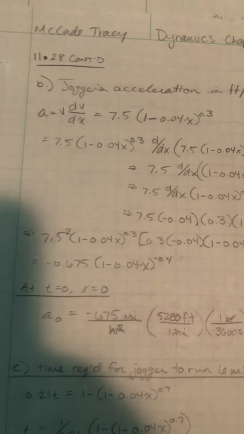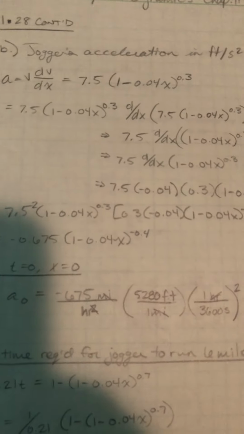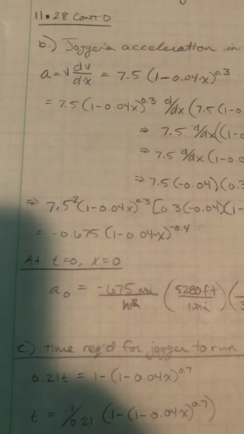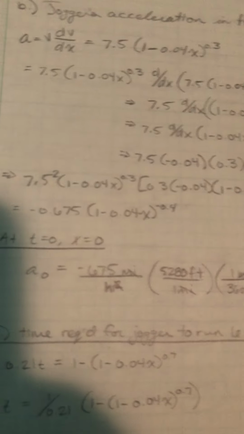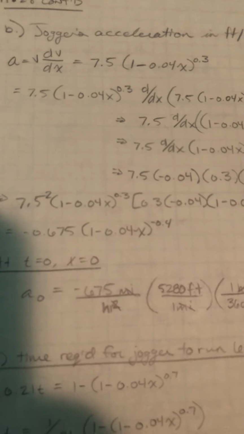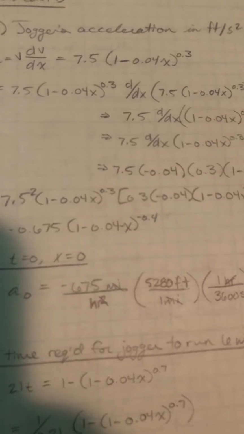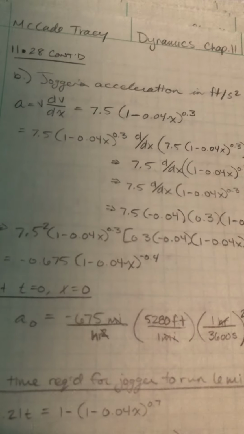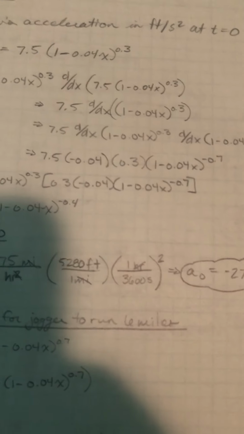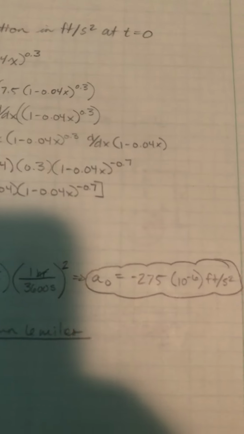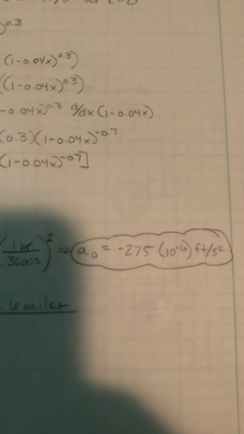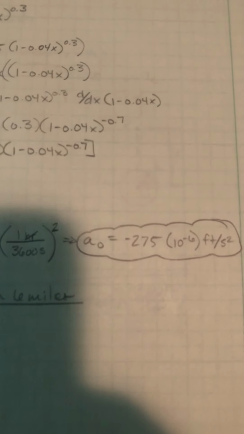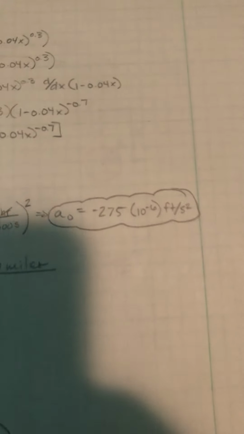And using what we know, that t and x are equal to 0, we get negative 0.675 miles per hour squared. Multiplying that using the unit conversions, we find that the acceleration at t equals 0 is negative 275 times 10 to the negative 6 feet per second squared.